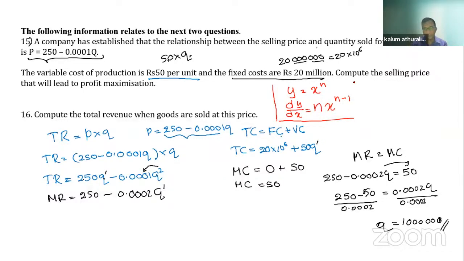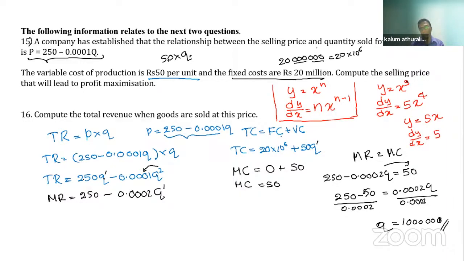Did you understand how to differentiate? If you take y equals x to the power 5, then the differential coefficient is 5x to the power 5 minus 1, which is 4. If you take y equals 5x, then dy by dx, the first derivative, is 5.